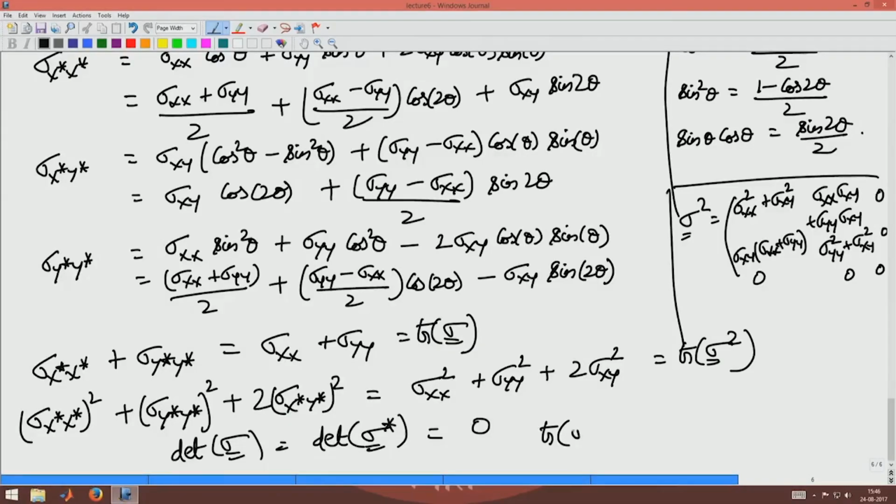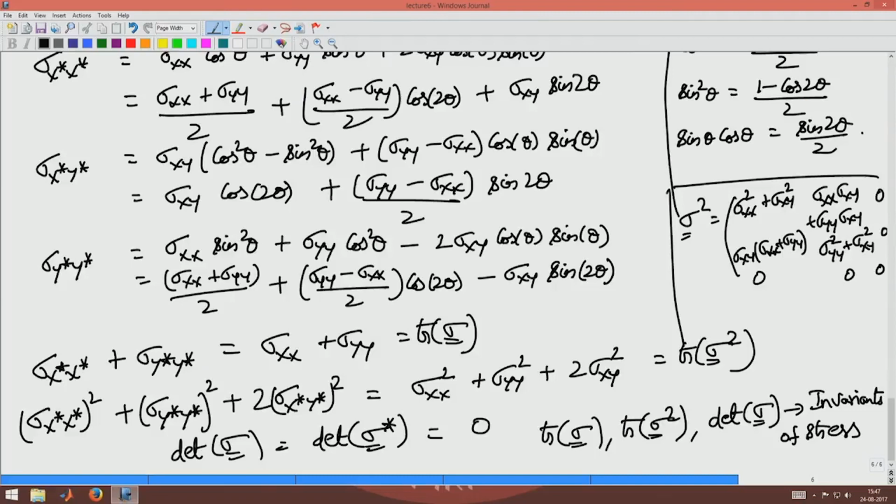Trace of sigma square and determinant of sigma are called invariants of stress, because these do not depend on the coordinate system that is used to represent the stress tensor.